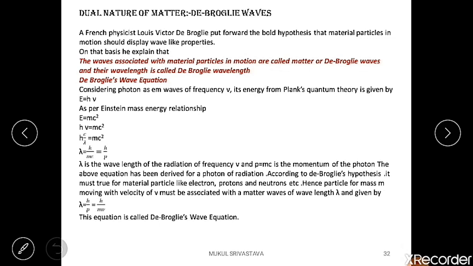On that basis, he suggested that matter must possess dual nature, and that particles like electron and proton not only are mass points but also represent wave-like nature.